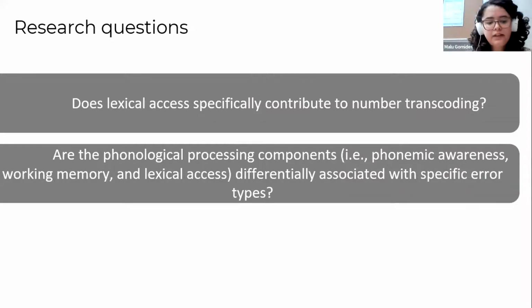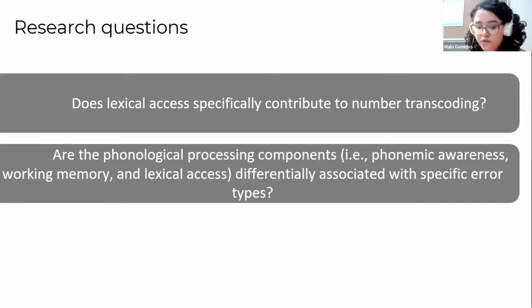So, in the present study, we aim at investigating if lexical access specifically contributes to number transcoding. And an additional goal is to investigate if the three components of phonological processing, so phonemic awareness, working memory, and lexical access, are differently associated with the error types.